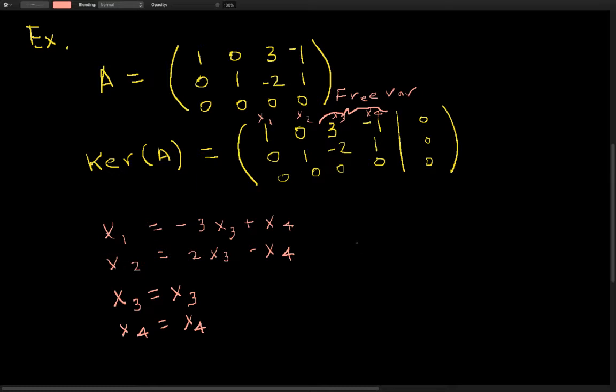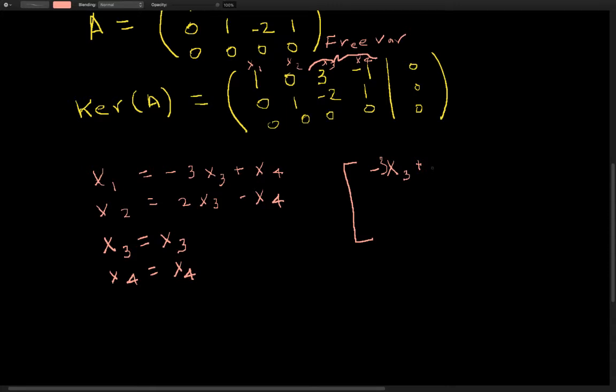We can write this as one vector: negative 3x3 plus x4, then 2x3 minus x4, then x3, and then x4.